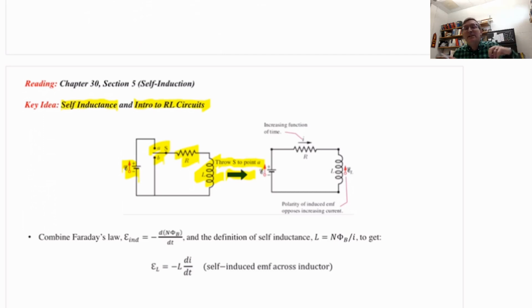So what has to happen is that the current has to go through a process of change. It has to build up from zero. And so what I have flowing clockwise here, because of the polarity of the EMF, is a current I that starts at zero and is going to be increasing with time up to some final value. It's not going to instantaneously change from zero to its final value. It's got to ramp its way up.